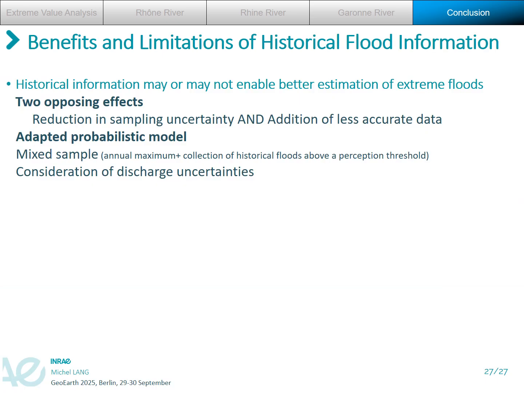Now I finish with a general conclusion. Historical information may or may not enable better estimation of extreme floods because we have 2 opposite effects. The sampling uncertainty is reduced as the length of the series increases, but we include less accurate data on the historical period. So it's important to use an adapted probabilistic model using a mixed sample and accounting for discharge uncertainties.